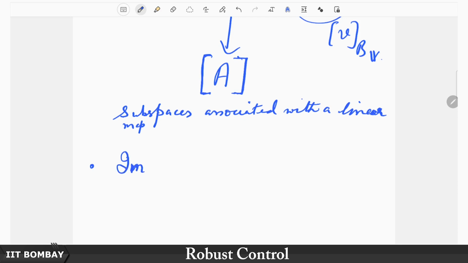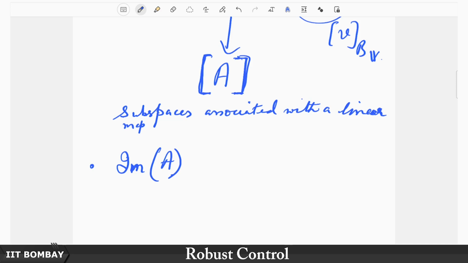I myself will be guilty of this abuse of notation. I shall not often be putting this box across this map to distinguish the actual map from the matrix representation thereof. So, when I say image of A, you can read it as the actual image of the linear map, or you can often later on read this as the image of a matrix.